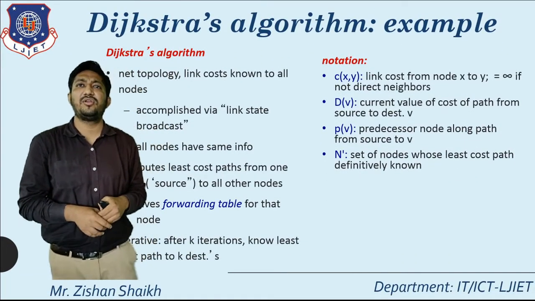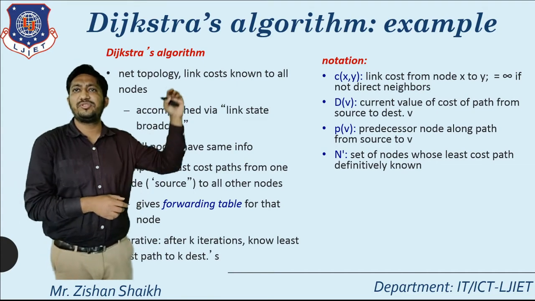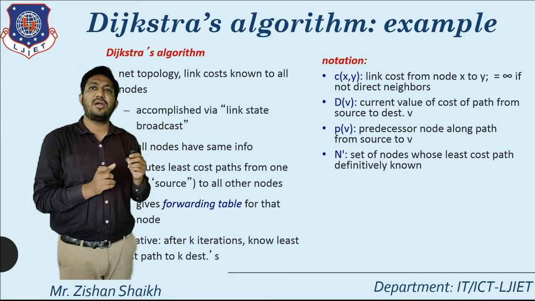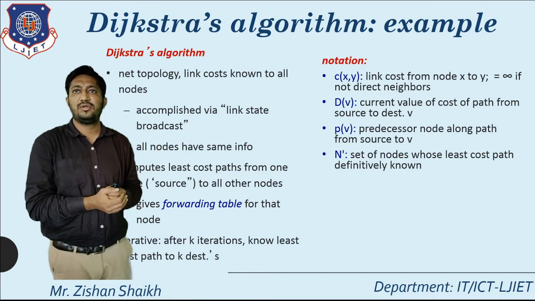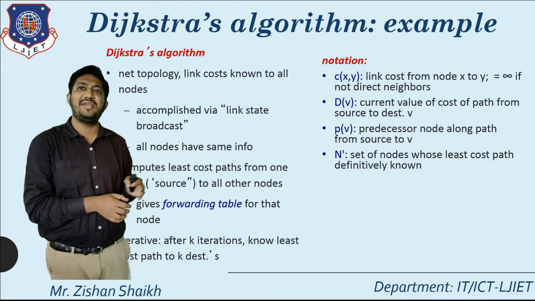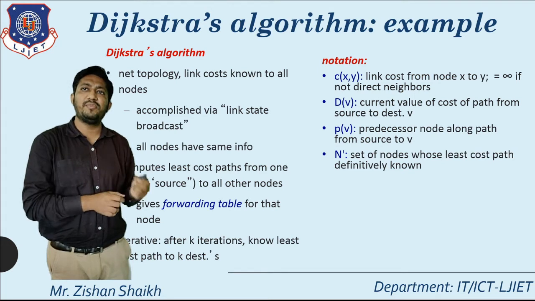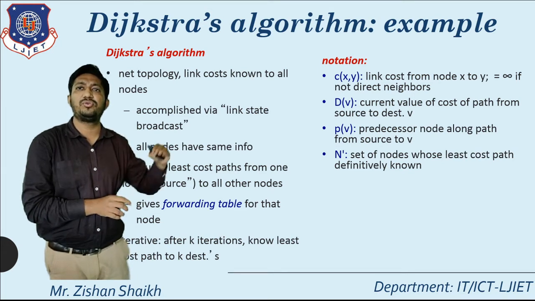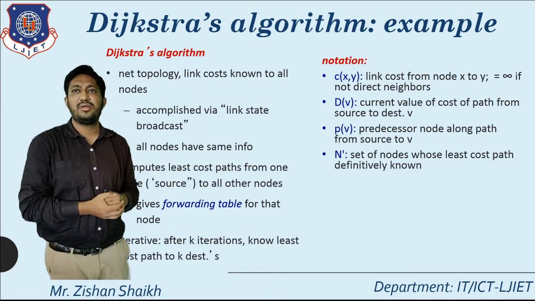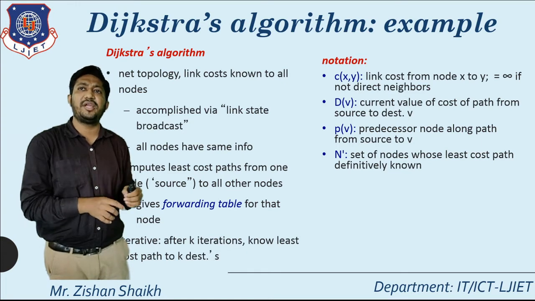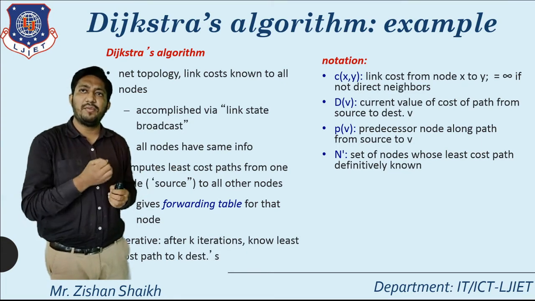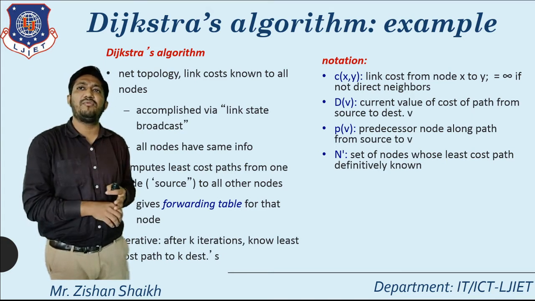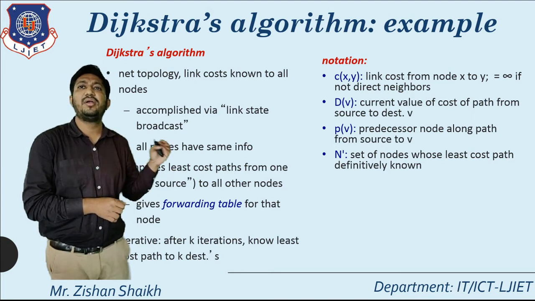The Dijkstra algorithm basically uses the network topology, assuming the link costs are known to all nodes. Each and every node broadcasts the cost to reach its particular neighbors. That neighbor and costing information is flooded to all nodes. The nodes compute, and the computed values are updated into the table.